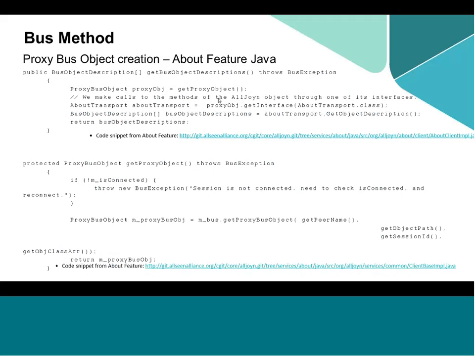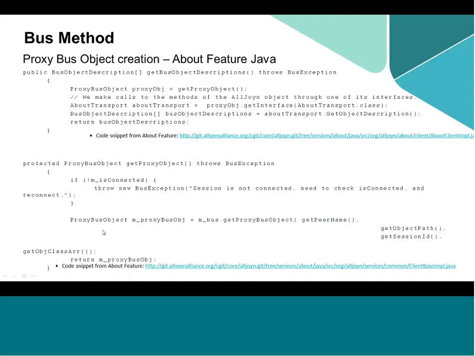But if you can follow the code here, the very first line of what we're doing is grabbing the proxy bus object, and that's down there on the page at the last line, where we actually call into the bus attachment and ask it, just like we did in the C++, here is the name, either the unique name or well-known name, of the application on the other side. Here is the object path where the code lives.